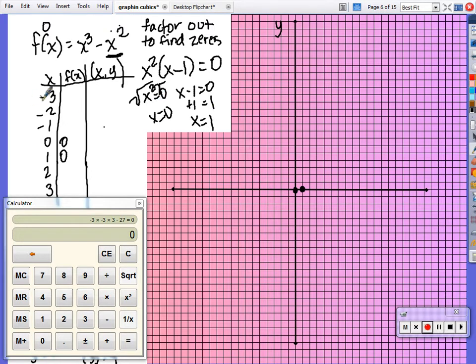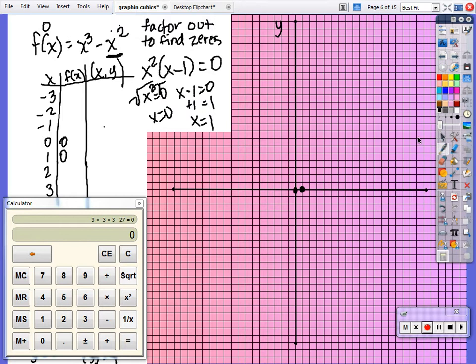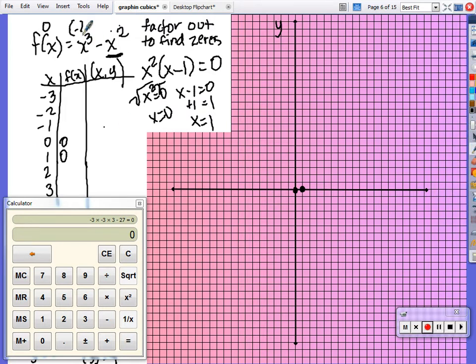Okay, now we're going to plug in the -3. So we already remember, if you recall from the last one, that this is -27, and this is x squared, so this is -3 squared, which is +9.